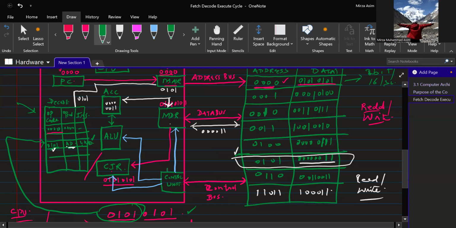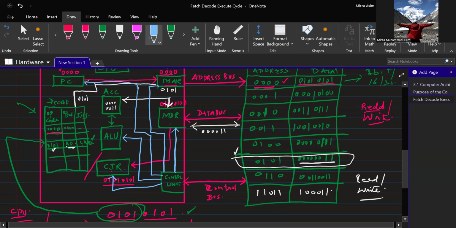So the control unit can control this one. Sorry, I used the green one. So the control unit is also controlling this, and it's messy. So you just have to understand this, right?